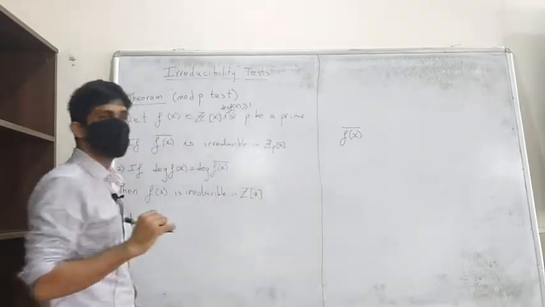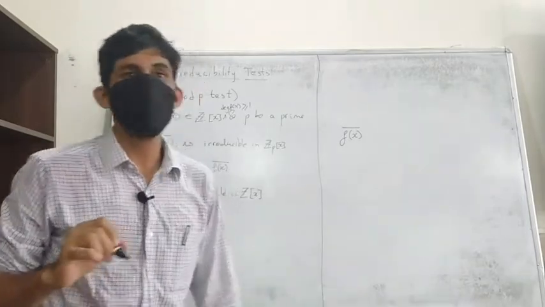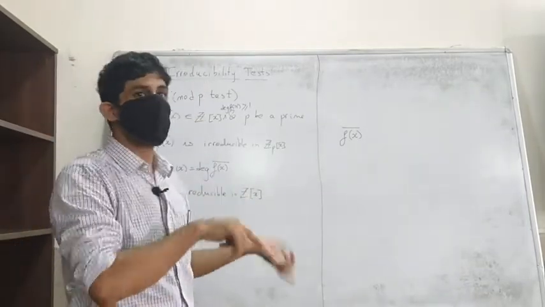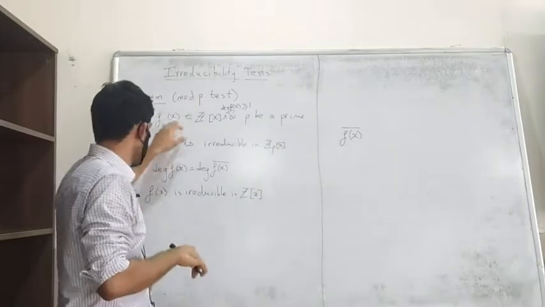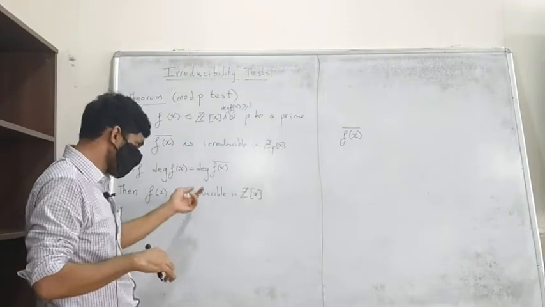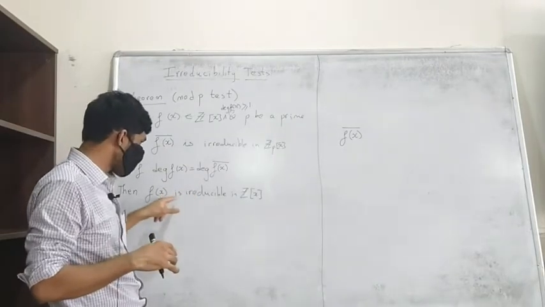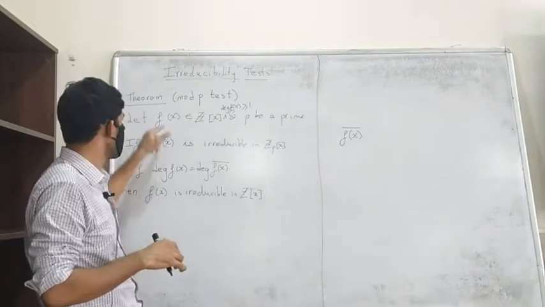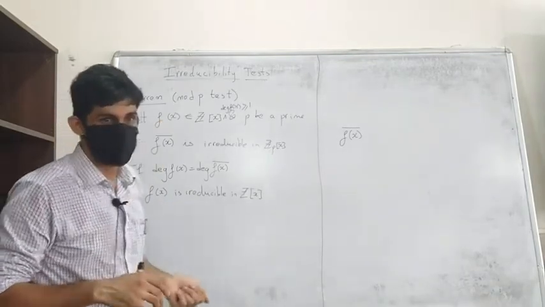The proof is simple. We are going to prove the contrapositive, in fact. We have this statement implies this statement, so it is enough for me to show that not this statement implies not that statement.